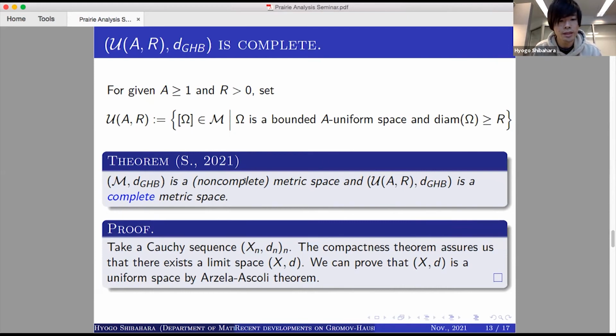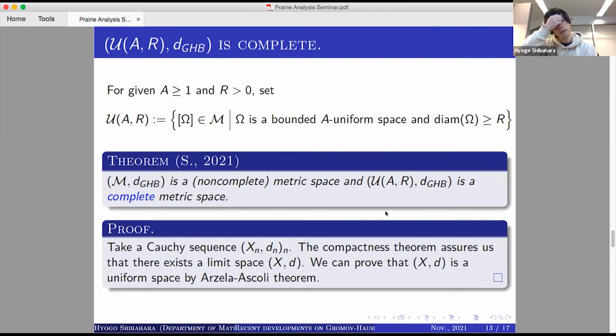And here's a theorem. M, the collection of non-complete locally compact precompact metric spaces with the Gromov-Hausdorff distance with boundary, is not a complete metric space. But if we restrict our attention to U(A, R) with the Gromov-Hausdorff distance with boundary, then this will be a complete metric space.